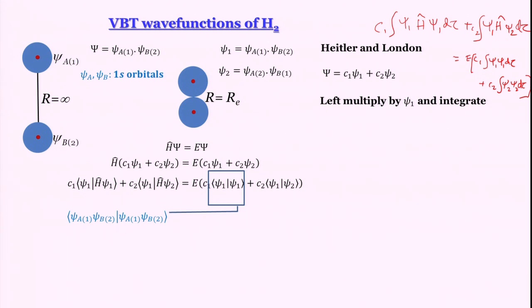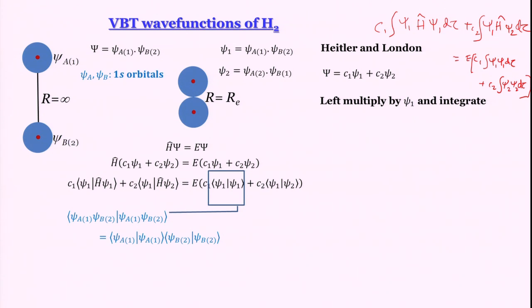So, we can separate and write it as a product of an integral in coordinates of electron number 1 and an integral in coordinates of electron number 2, like this. Integral psi a1, integral psi b2. First one in terms of coordinates of electron 1, second one in terms of coordinates of electron 2.